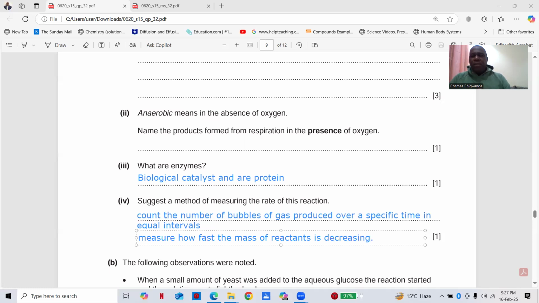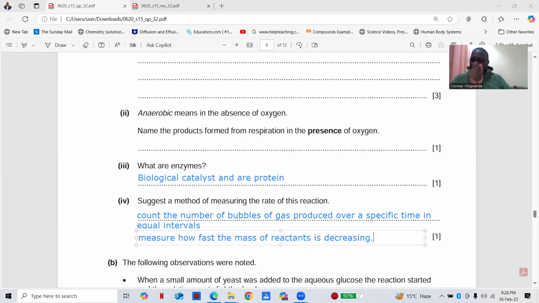So actually what you could do here is explain the fact that you are going to measure the mass of your container at equal intervals. What was the mass at time 0? What was the mass after maybe 25 seconds? What is the mass after 50 seconds? What is the mass after 75 seconds?